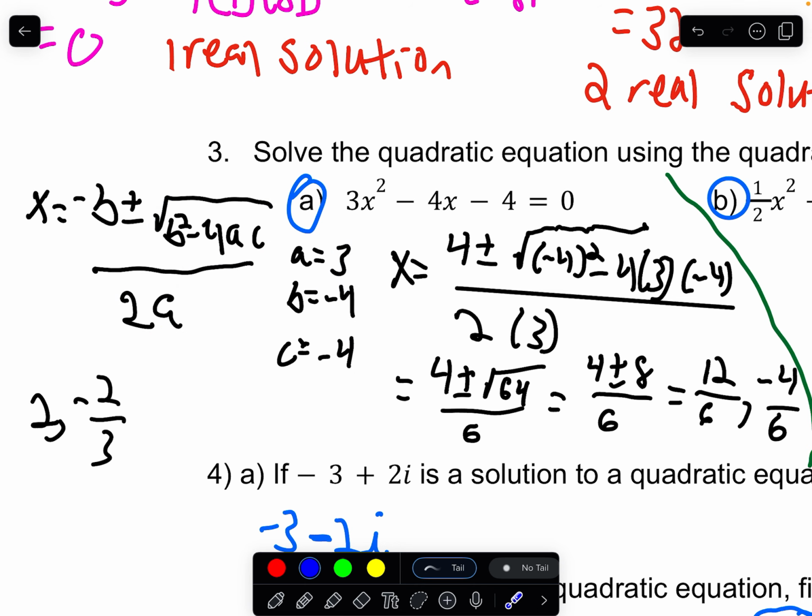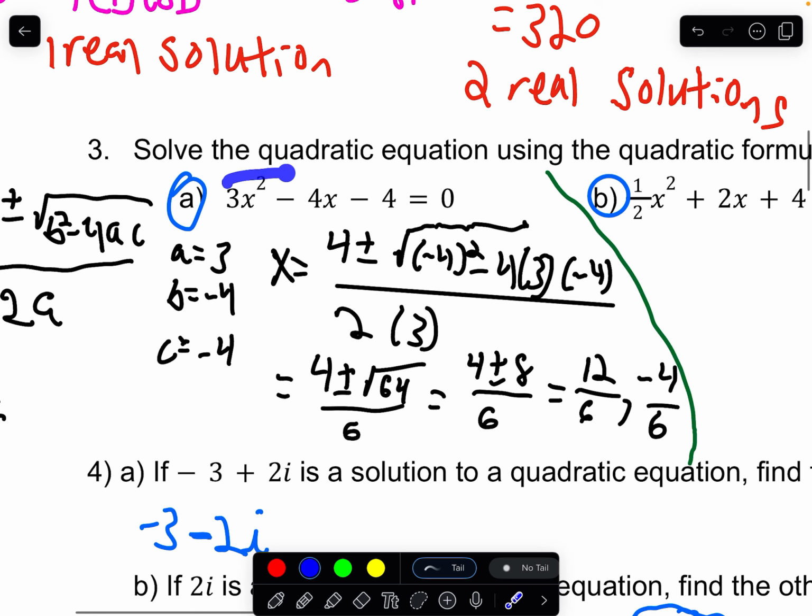One of the big things when you're given a quadratic equation is to write down right away what a, b, and c are. A is this, b is that, and c is that. So a is 3. Notice I'm keeping the sign: negative 4 is in front of the linear term x, and then negative 4 from here. So I plug it in with the signs.